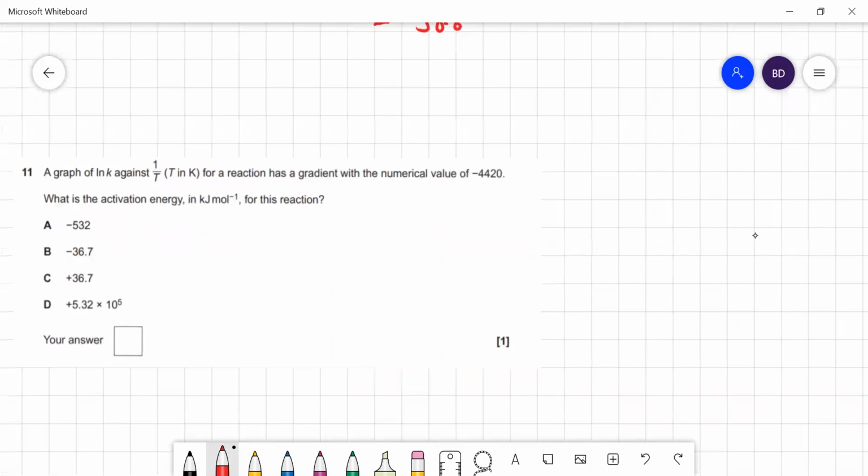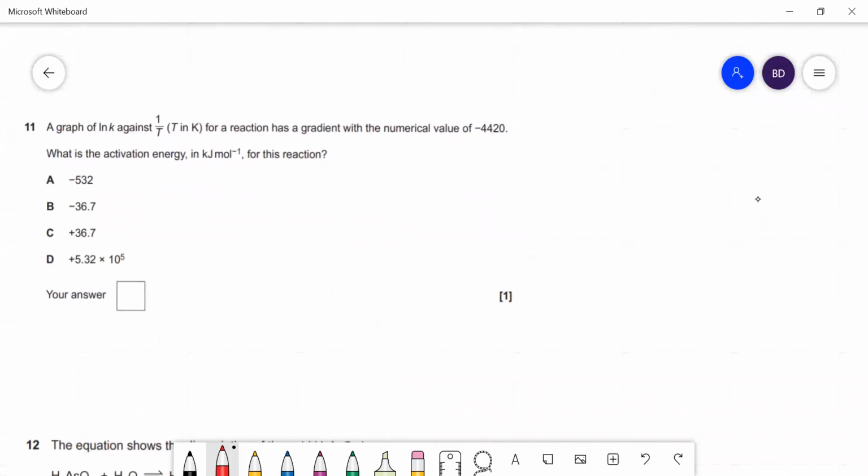Right, a question about the Arrhenius equation now. A graph of ln K against 1 over T for a reaction has a gradient of that much. Well, we have to remember what the Arrhenius equation is.